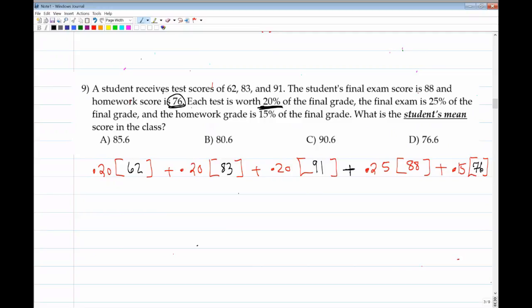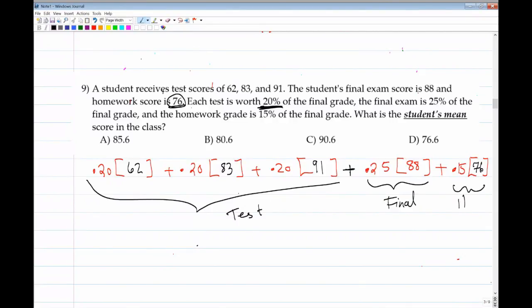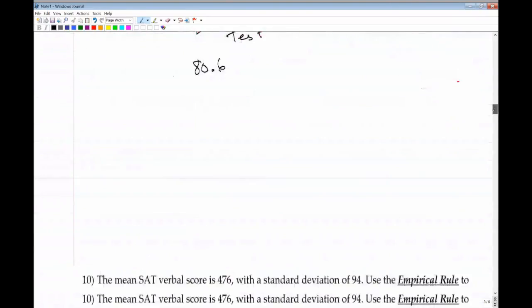If you use a calculator to multiply, remember those came from tests, this came from the final, and that's from homework. If you add all this up, it will be 80.6. You multiply each one, and then add them all up when you're done.